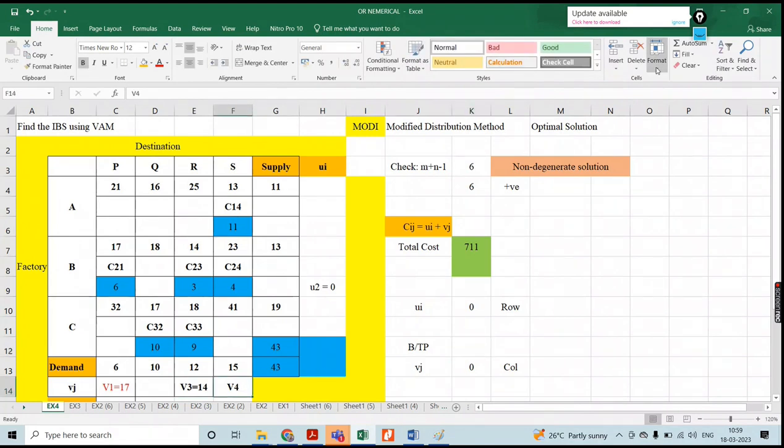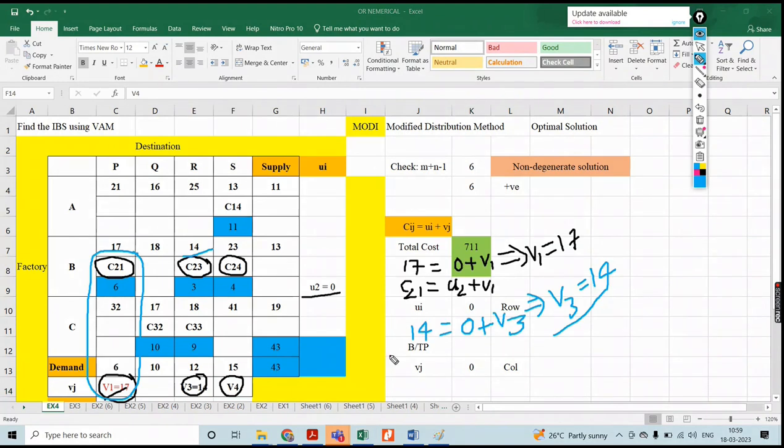Okay, then V4 equal to how much? What is the total cost? 23, which is equal to 0 plus V4. What is this value? V4 equal to 23 only. Okay, V4 equal to 23.